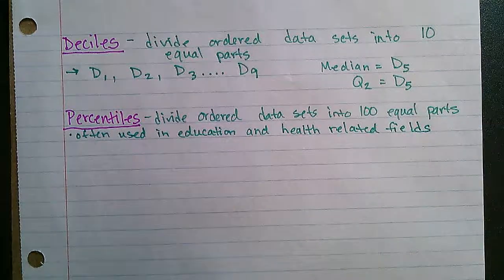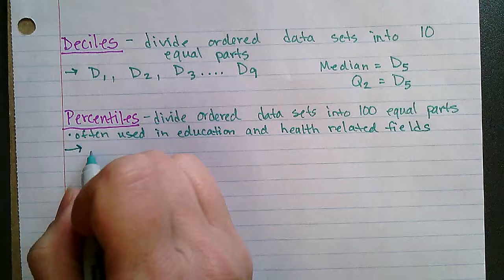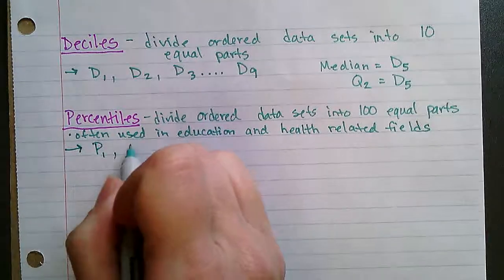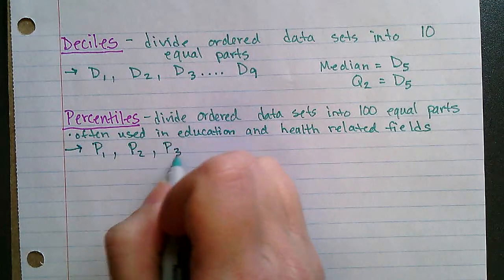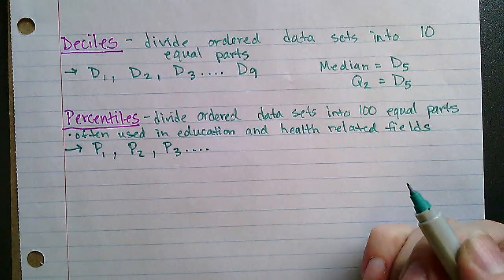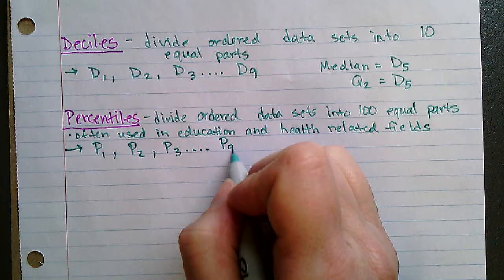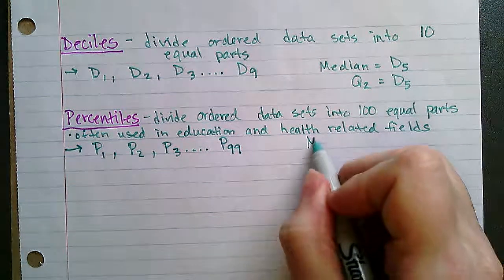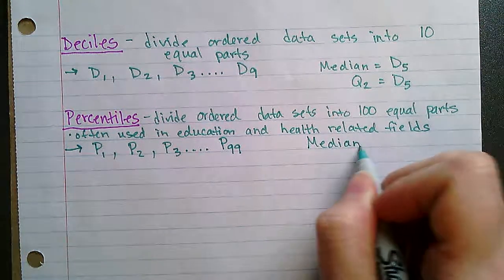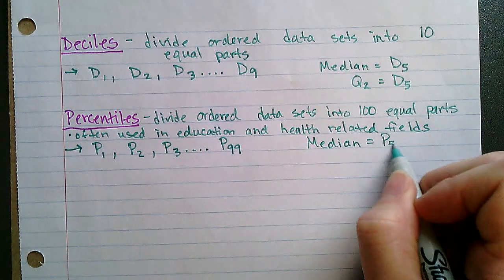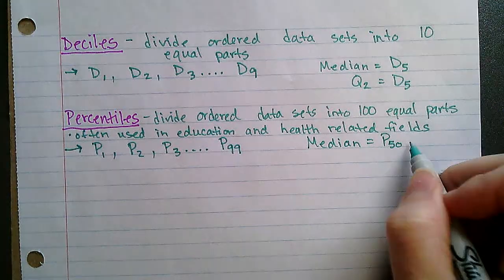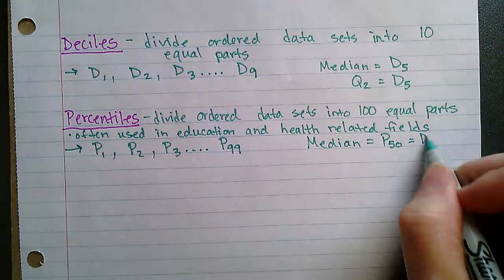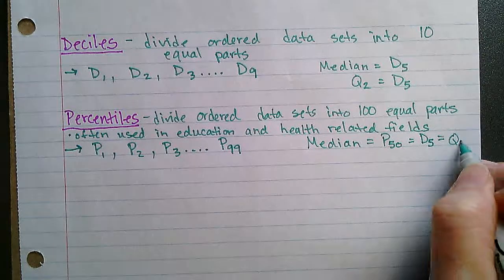So percentiles, we're going to use the letter P. So P1, P2, P3, all the way up until the 99th percentile, P99. So the median with percentiles would be P50, and that would be equal to D5, which would also be equal to Q2.